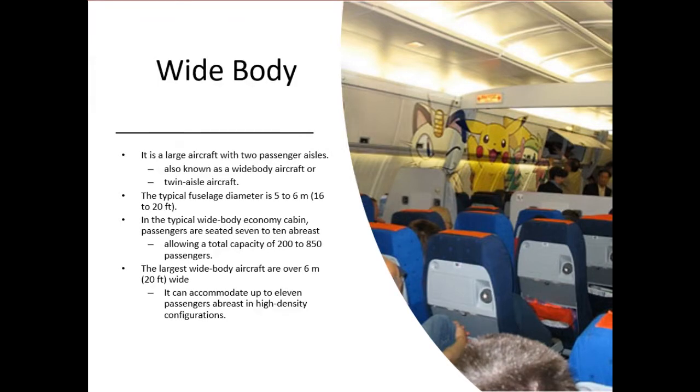So wide bodies are usually over 6 meters wide, which have approximately 3 rows, and can accommodate up to 11 passengers abreast in high density configuration. It's aimed to carry more passengers, and it's more broad, and usually comes with a twin aisle.